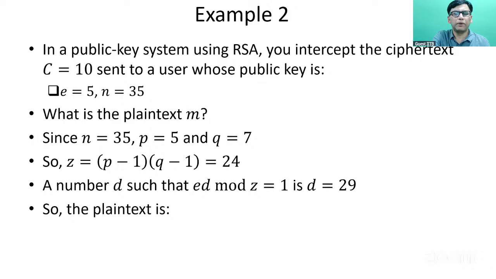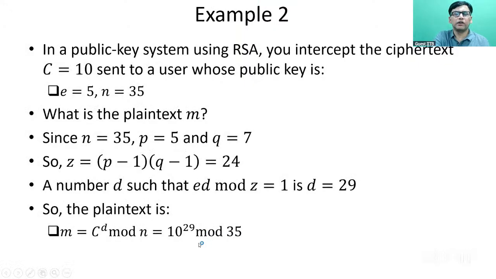So the plaintext is M equals C to the power D mod N. Just substituting C equals 10 and D equals 29, we get 10 to the power 29 mod N, but N is 35. So hence we get this expression for the plaintext, and we can simplify.